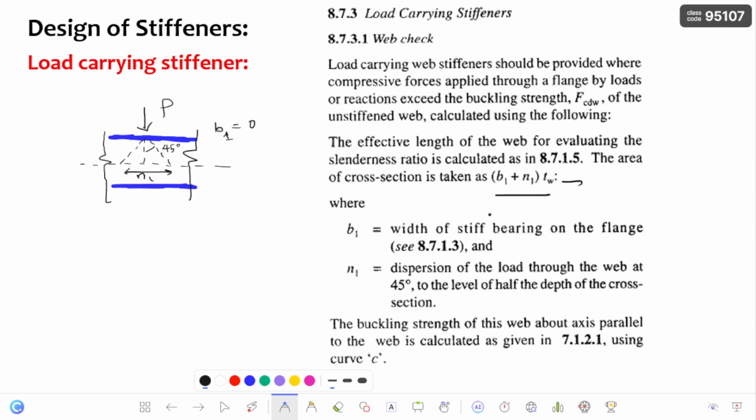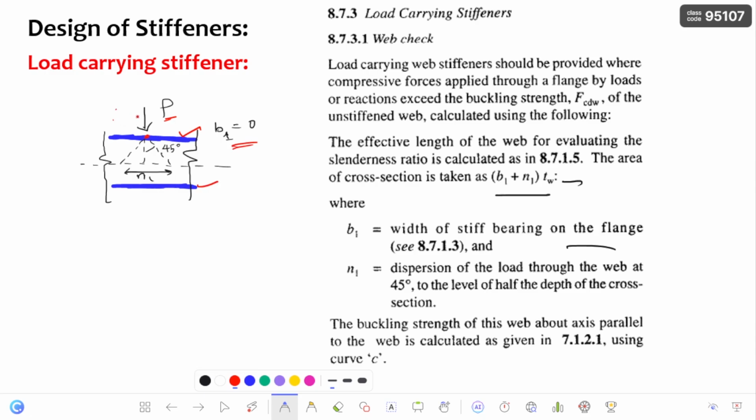Now what is this B1? That is the width of stiff bearing on the flange. So whenever the concentrated load, that is P, is acting on the compression flange, this is one, and this is the tension flange. Whenever this concentrated load is acting on this compression flange, the length on which the load is concentrated, here I am taking that as B1 equal to 0 because I am considering this as a concentrated load at a point.